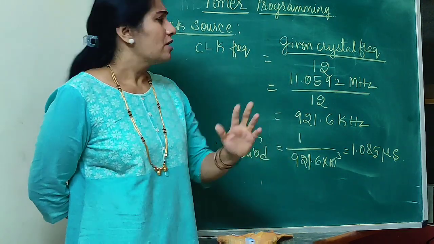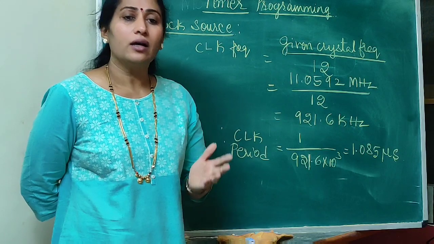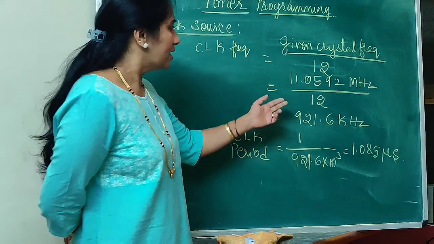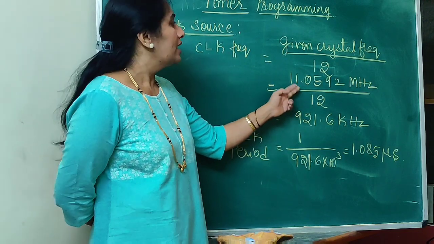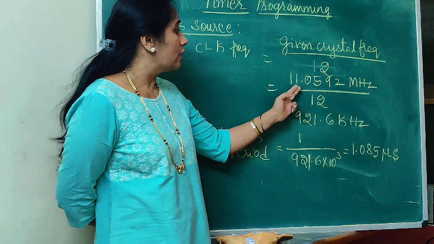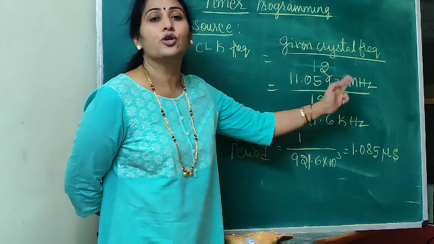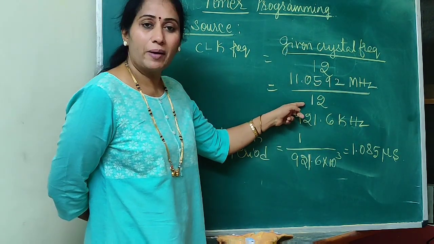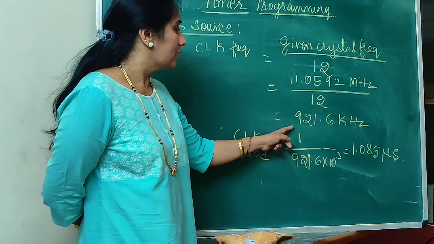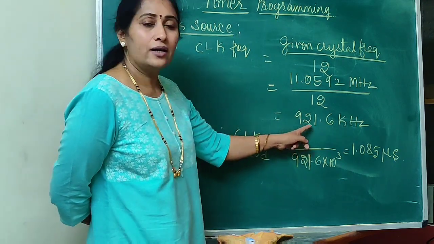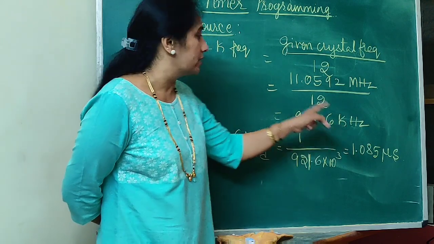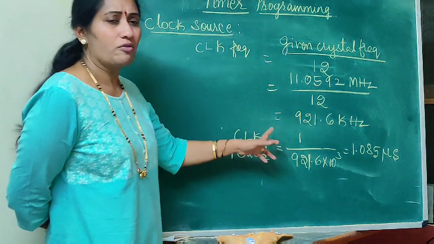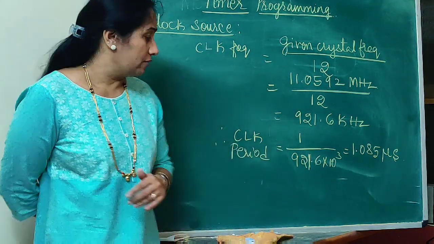Say for example, we can take the crystal frequency from 1 megahertz to 16 megahertz. I have taken a typical example over here. Let the crystal frequency be equal to 11.0592 megahertz. The given crystal frequency should be divided by 12, so I get a frequency equal to 921.6 kilohertz, which is nothing but the clock frequency, or the machine cycle frequency.